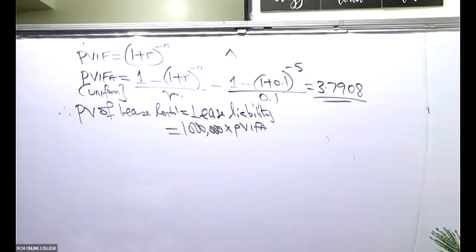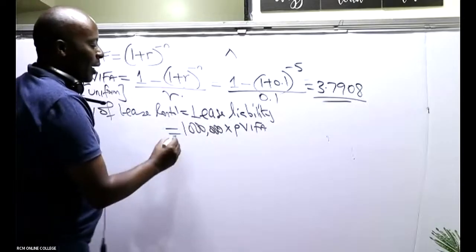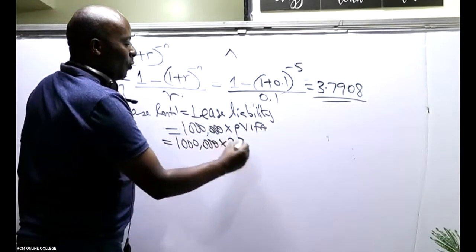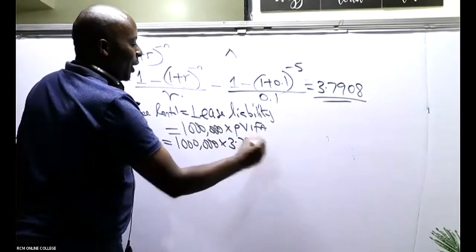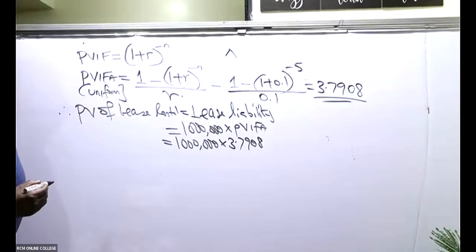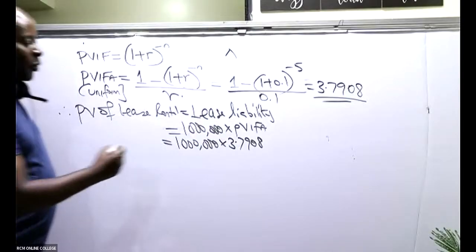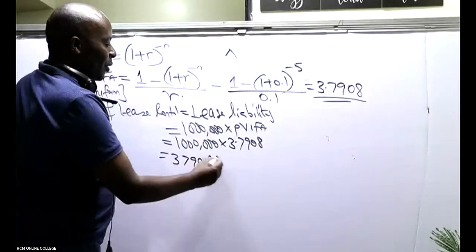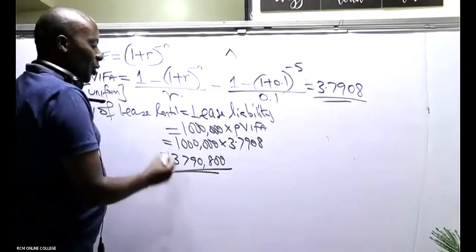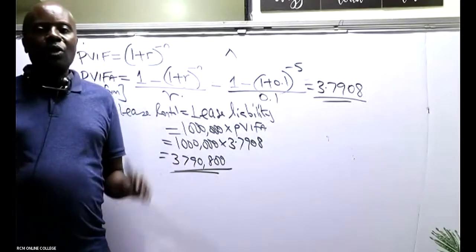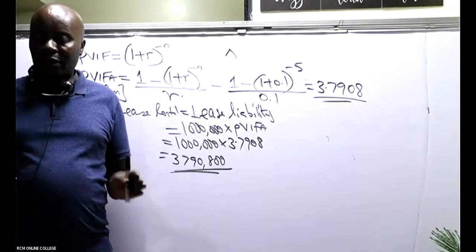So this will be $1 million, which you are paying every year, times PVIFA of 3.7908, which will be the same as 3,790,800 Kenya shillings. So this is what we owe this gentleman, the landlord, in total, having discounted.